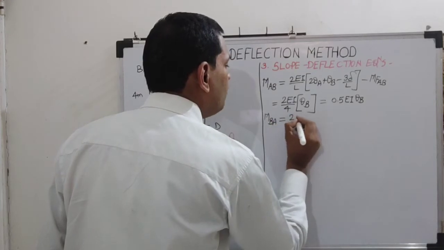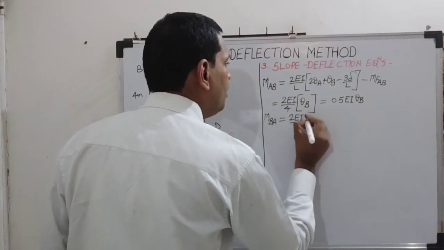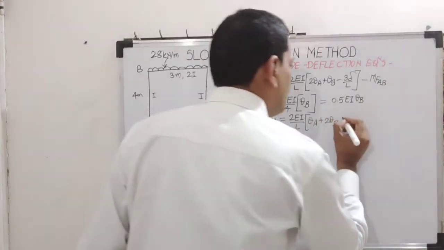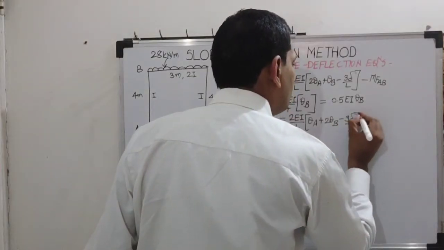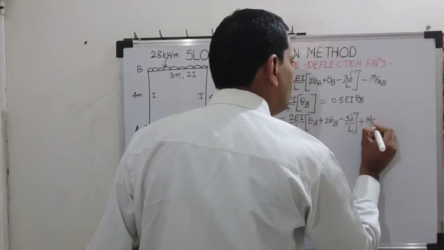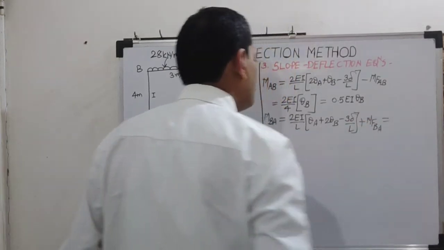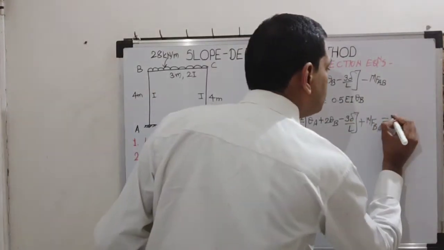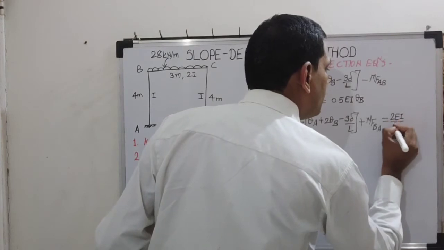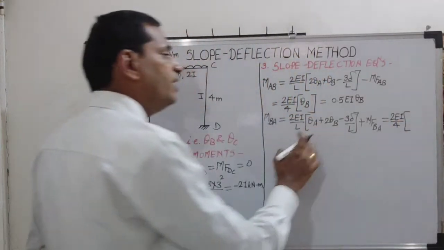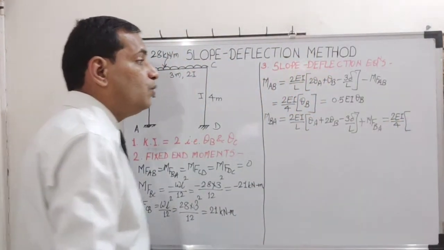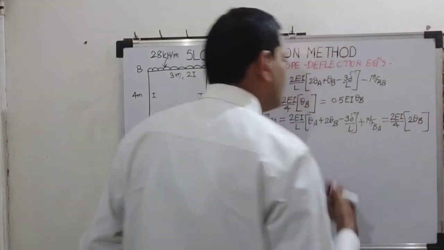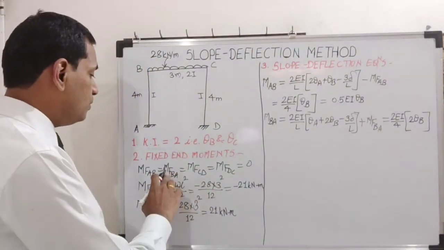Then MBA. What is the equation for MBA? 2EI upon L into bracket theta A plus 2 theta B minus 3 delta by L plus MFBA. So 2EI by 4 into bracket, theta A again 0, 2 times theta B, delta 0, MFBA also 0.